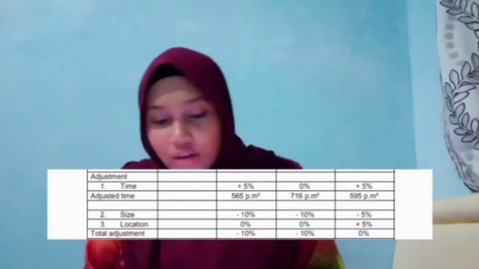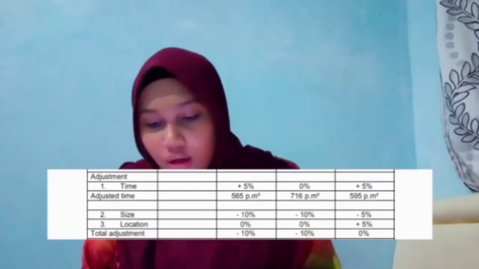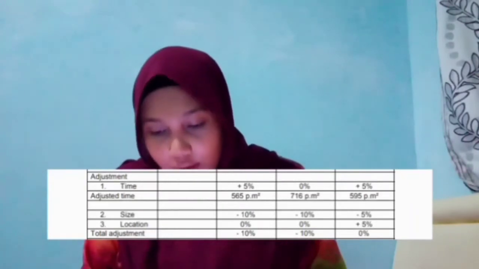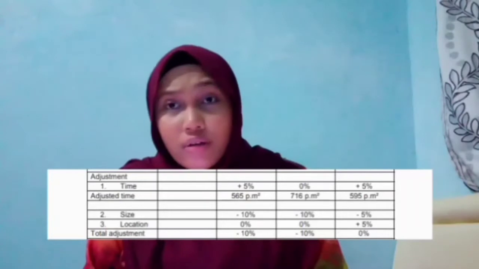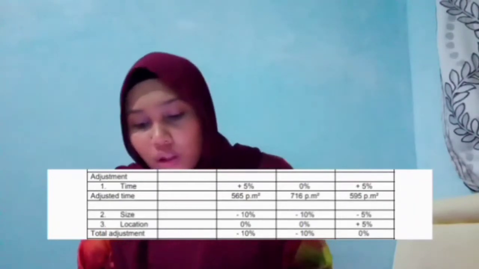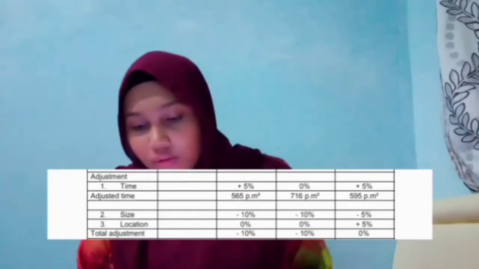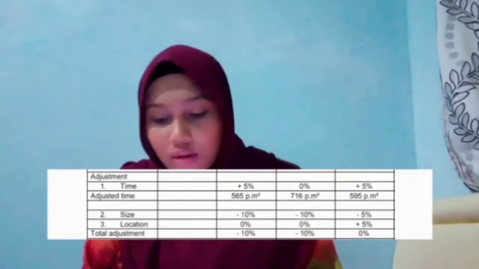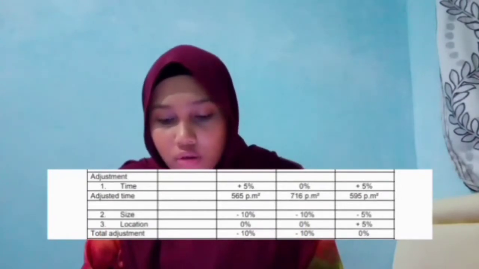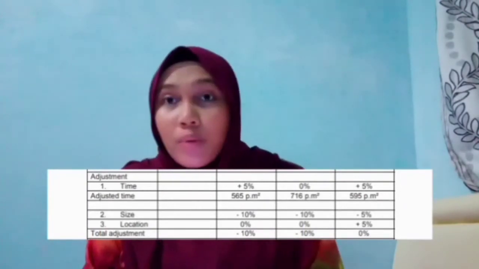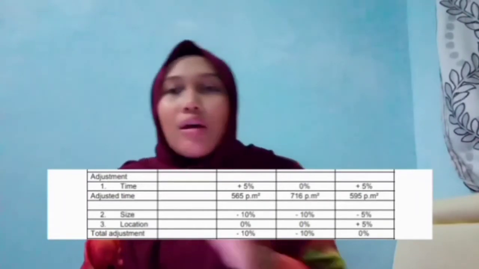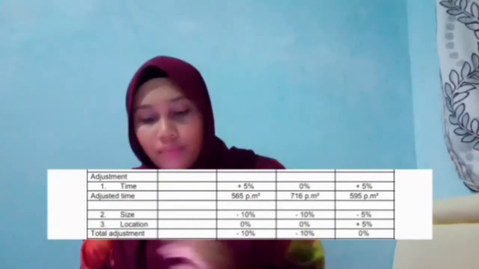And the last one, the adjustment for location is 0 for lot 30 and lot 10,423. And we will add 5% for lot 856. It is because the subject property is better than the comparable lot.